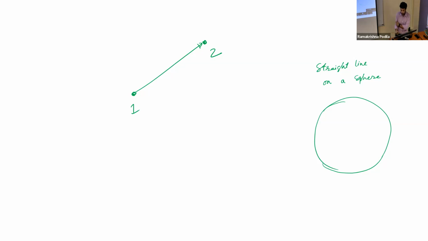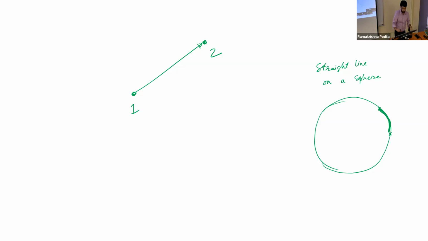Now if you look at it, if you go from this point on Earth to this point, see how it is curved. That is a straight line. You just think it is flat because you're so close to it, right? So you see this is flat. But if you zoom out and look, this should be the straight line.